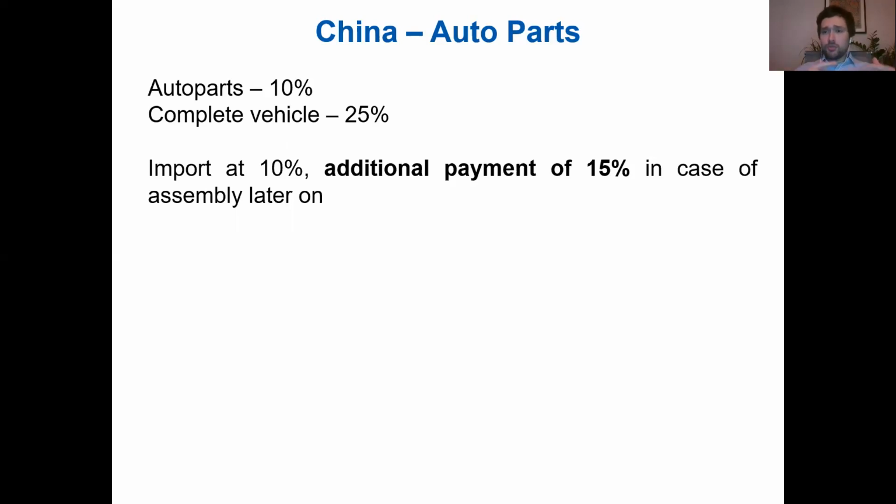If that was triggered by one of those rules that we just mentioned, SKD, CKD, value of imports, and if they are converted into a vehicle on the territory of China without really adding much of the local market details, then you will be subject to this additional payment of 15%.